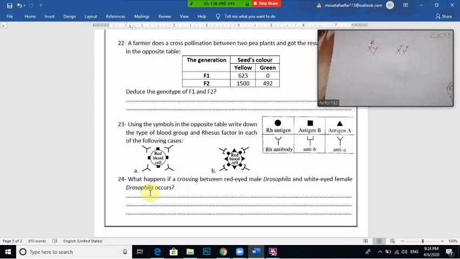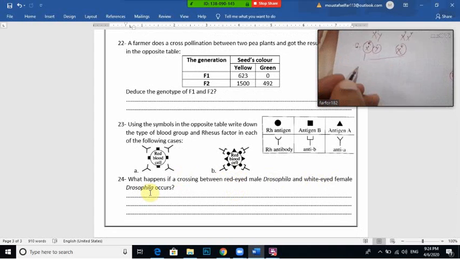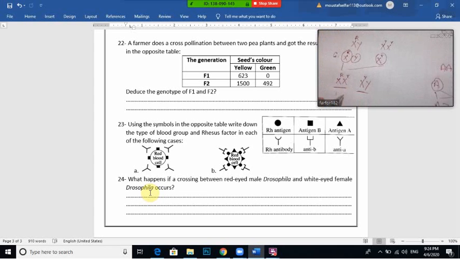The gametes will be XR capital and Y, and here XR small. So after fertilization, a red-eyed female will be produced, XR capital XR small, and XR small Y, which is a white-eyed male. So the ratio is 1 to 1: one white-eyed male and one red-eyed female.